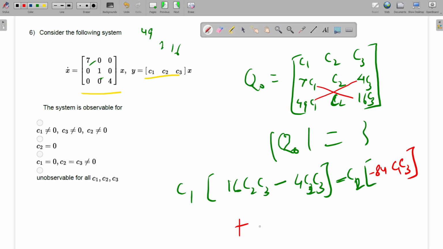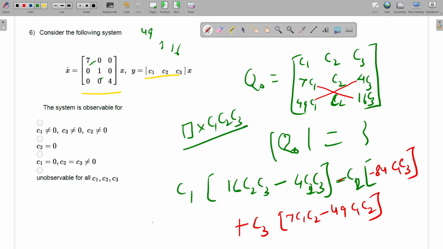Plus the third term is C3, so 7 C1 C2 minus 49 C1 C2. If you see this pattern, it will come as some constant into C1 C2 C3. Correct. This will be 84 C1 C2 C3. How much will this be? 12 C1 C2 C3. Correct.